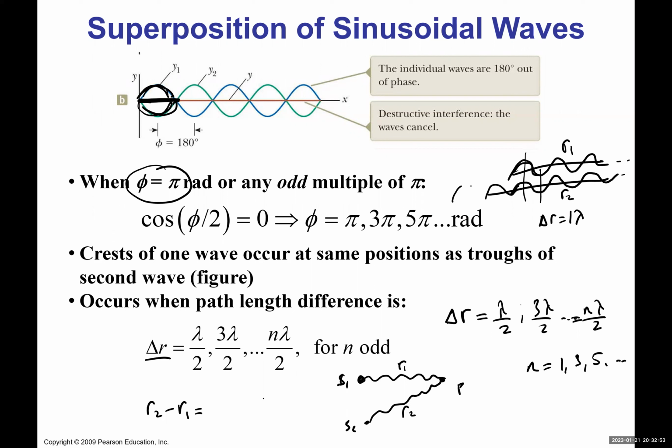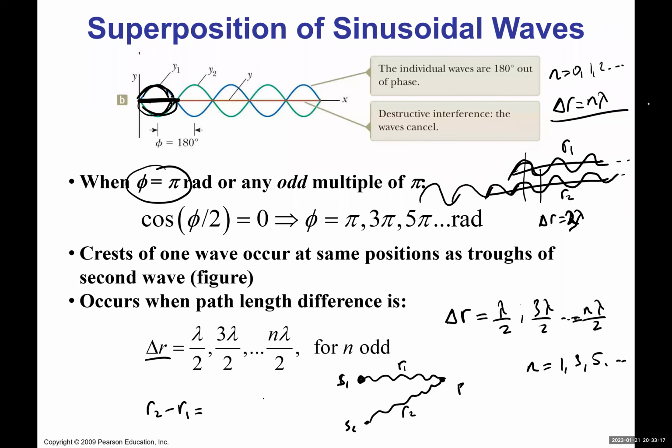Same thing you can say if I have 2 wavelength difference or 3 wavelength difference, and so on and so forth, right? So they're still going to be in phase. That's why delta R is equal to n times lambda. We know n is 0, 1, 2, and so on. When n is 0, that means R1 and R2 are exactly the same, so this point P is exactly between them.